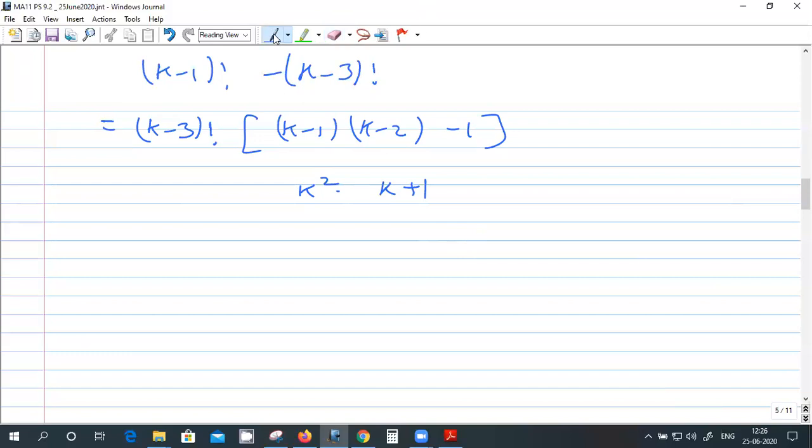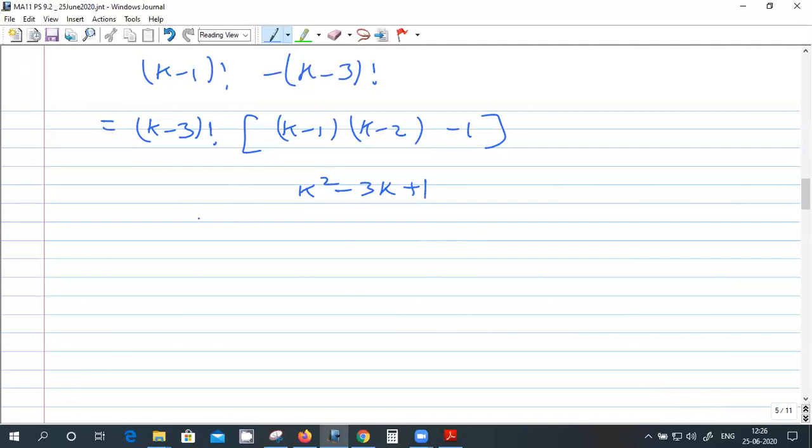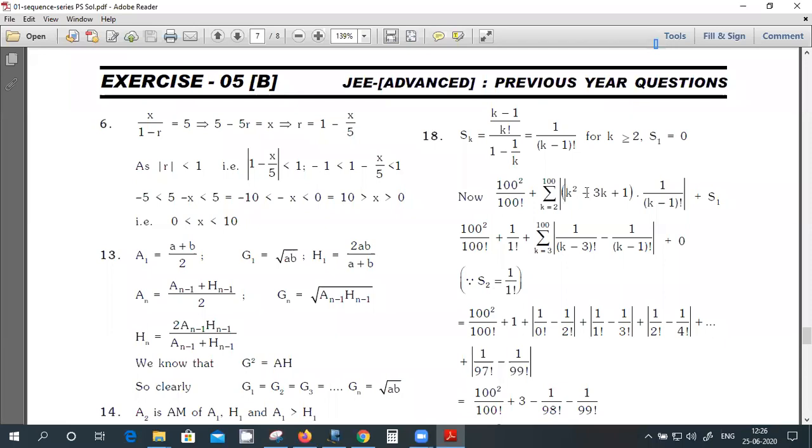That's what is written like this. k square minus 3k minus 1 can be written as this divided by (k minus 3) factorial. Okay, that he has done here. This thing is written as (k minus 1) factorial minus (k minus 3) factorial divided by this one.